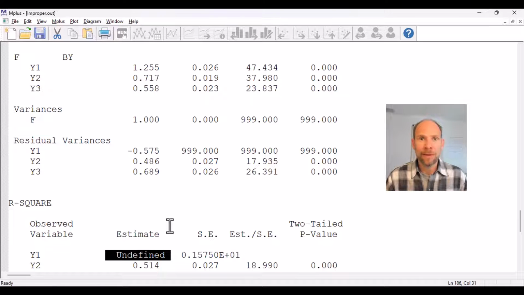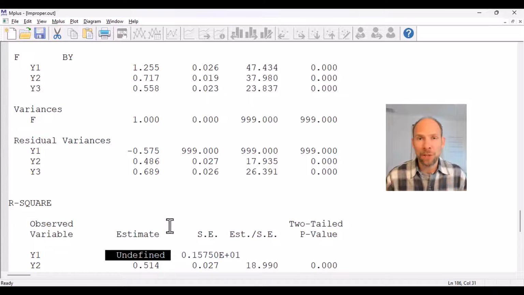So even though maybe the data generating process that underlies this correlation matrix is truly a one-factor process, but simply due to sampling error, simply due to chance, you ended up with a covariance matrix that produced this improper solution. So it's simply bad luck.